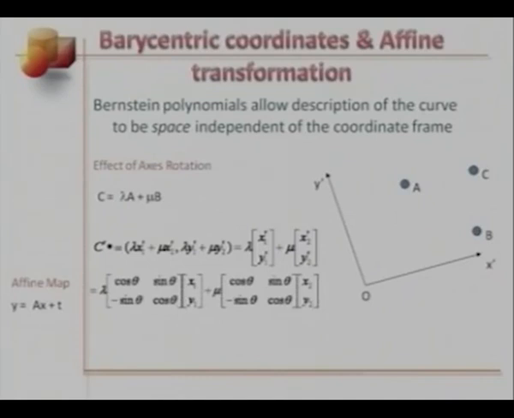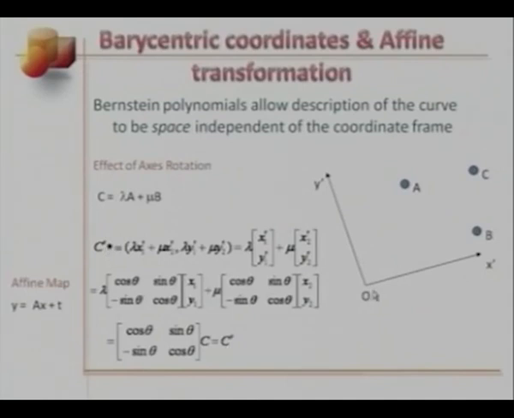If I substitute for x1 prime, x2 prime, y1 prime, and y2 prime, the right hand side would become lambda times this rotation matrix times the original coordinates of A plus mu times the rotation matrix times the original coordinates of B. I can take the rotation matrix common, and I'll have lambda times x1 y1 plus mu times x2 y2, which is nothing but C. So we observe that the coordinates of C prime star are the same as the coordinates of C prime.